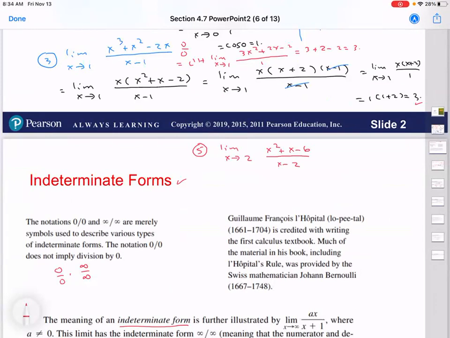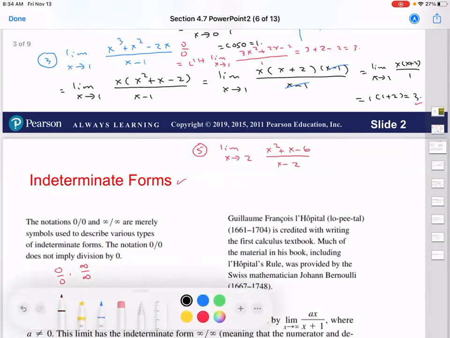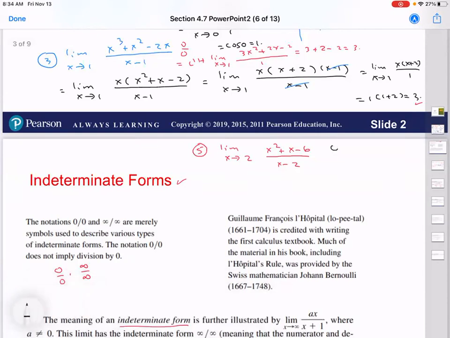If you find the limit of the top, x squared plus x minus 6, as x approaches 2, how do you do this? You plug in 2 for x, right? If you plug in 2 for x, what do you get in the numerator? You get 0 in the top, and you also get 0 in the bottom, indeterminate form. Correct? Indeterminate form.